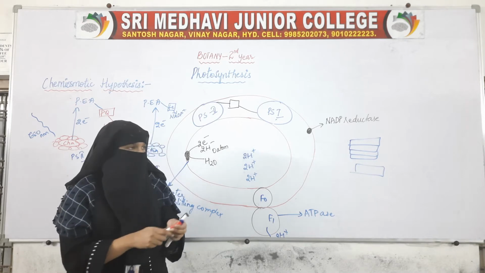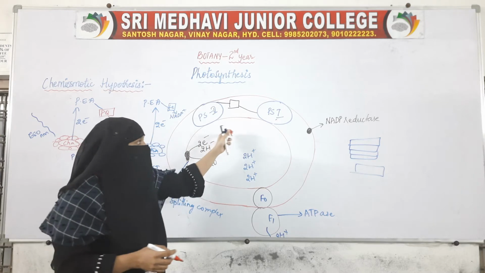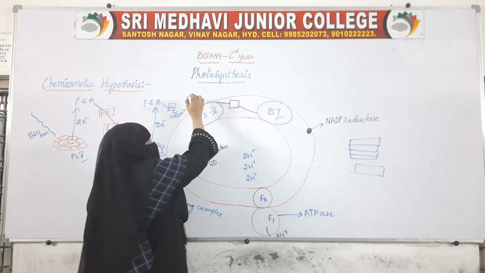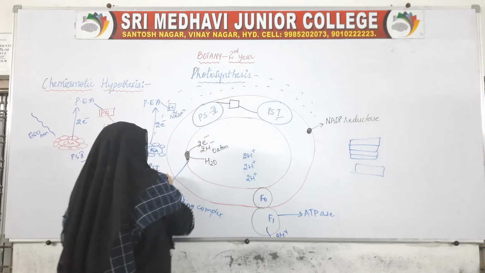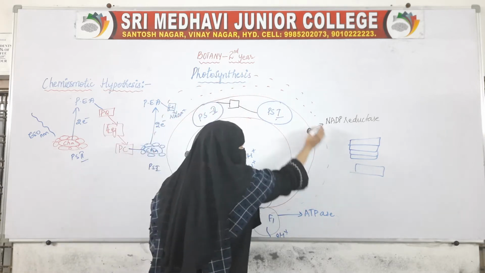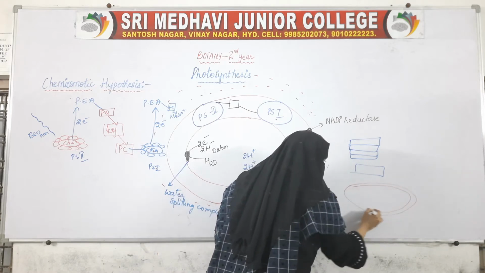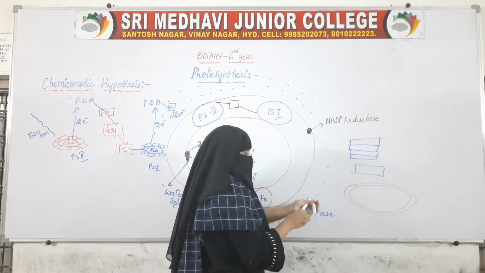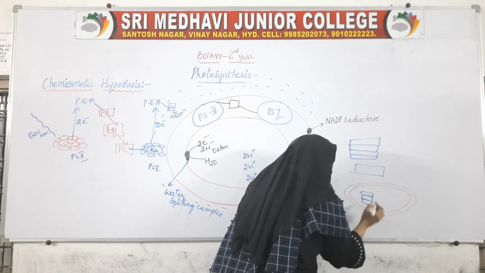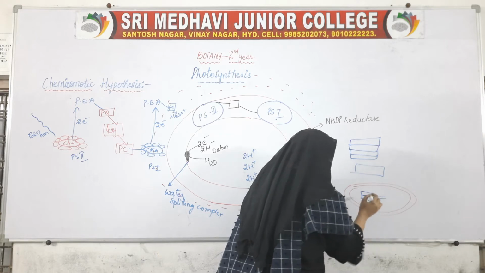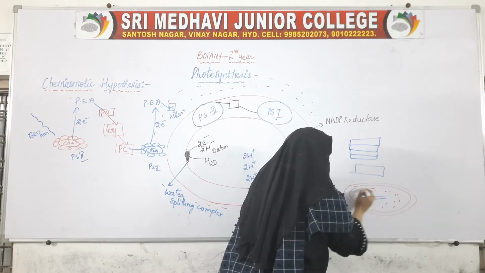For example, if this is the chloroplast, this is the inner membrane of the chloroplast, and outside we have the stroma, because the chloroplast has two membranes. Here we have the stacks of thylakoid membrane, then the stroma lamellae, and surrounding this we have the stroma.